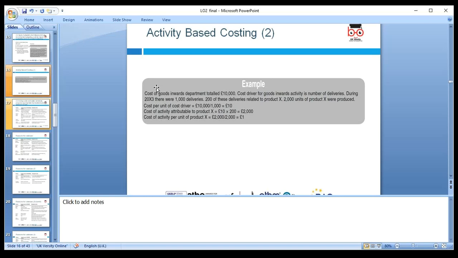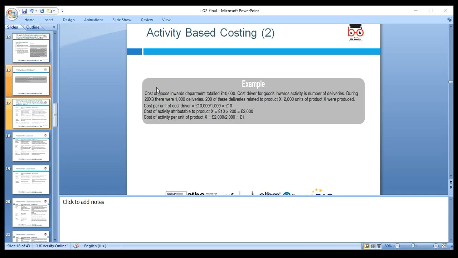So 10,000 is the cost inward. We have an overall 1,000 deliveries, so £10 is each delivery. When you have 200 deliveries for product X, 200 times 10, so 2,000 is the cost.